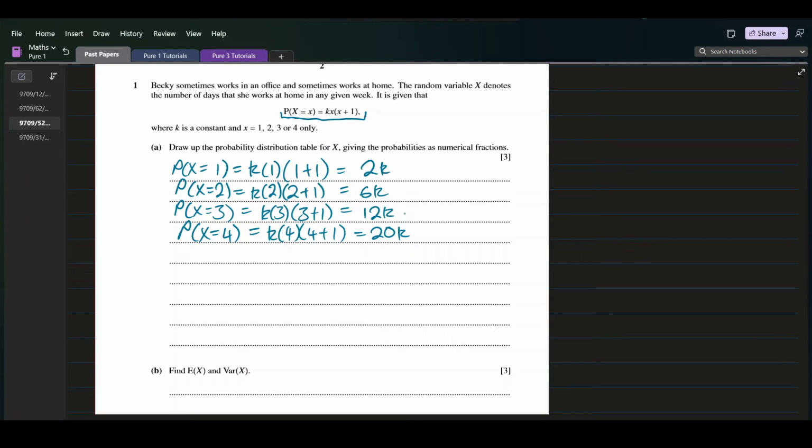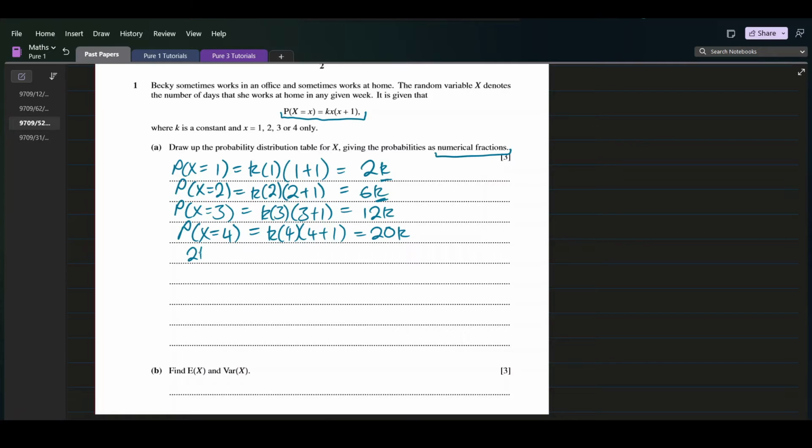Now these are the probabilities for x equals 1, 2, 3, or 4, but notice that our probabilities are in terms of k, and the question says that we should give them as numerical fractions. This means that we have to evaluate k. We know that all the probabilities for the random variable should add up to 1.